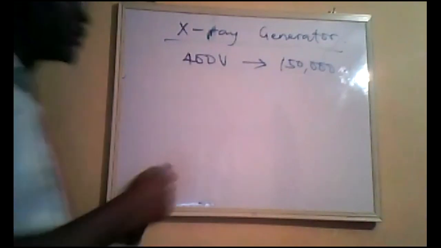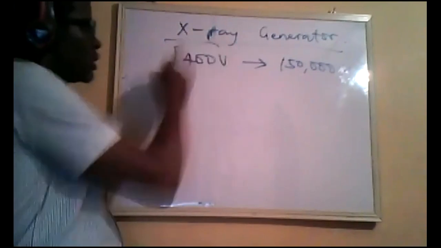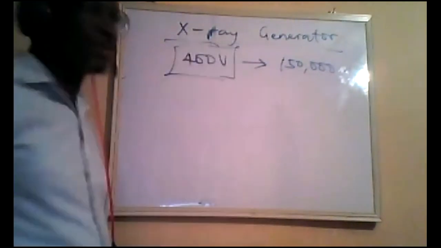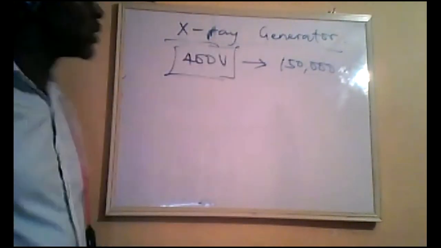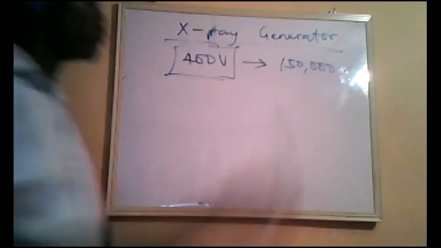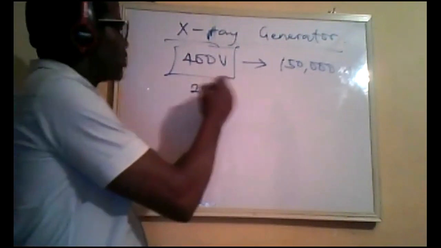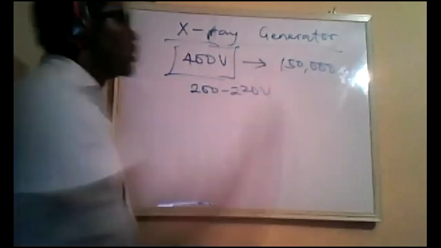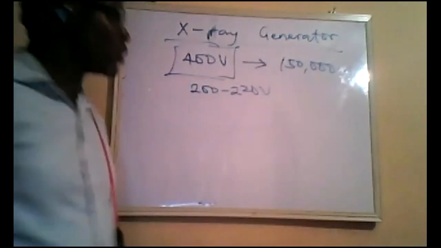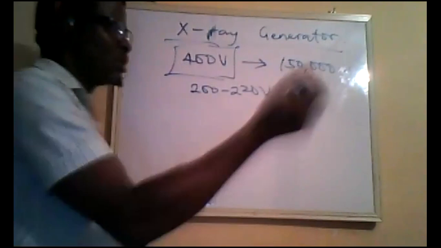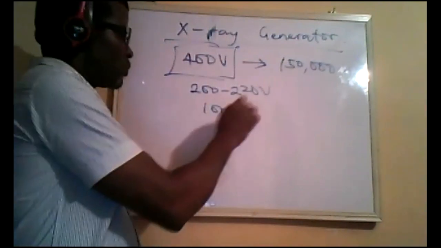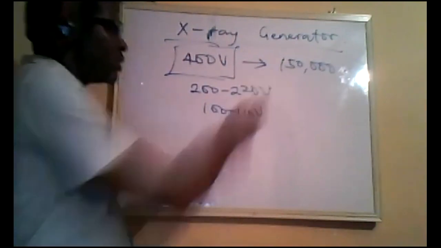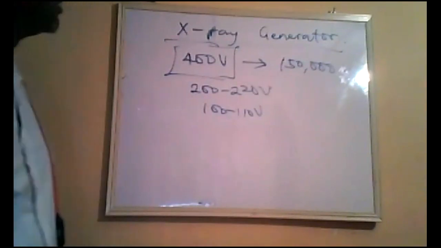The normal voltage we use at home is 200 to 220 for Nigeria. For some countries, like the US, it is around 100 to 110, and Britain also uses a similar range.